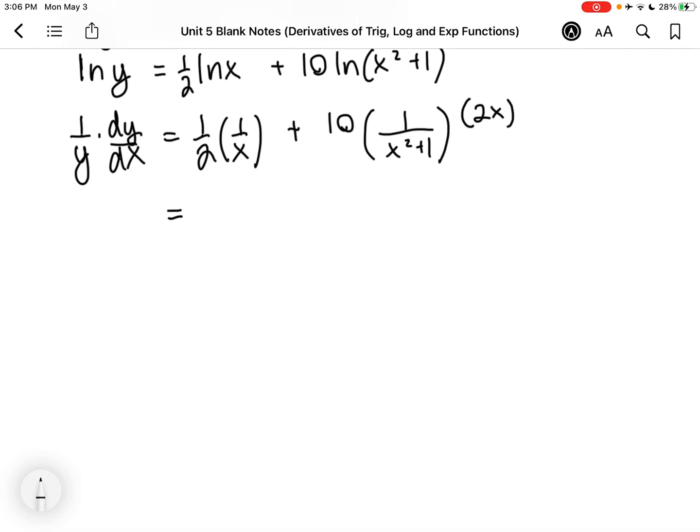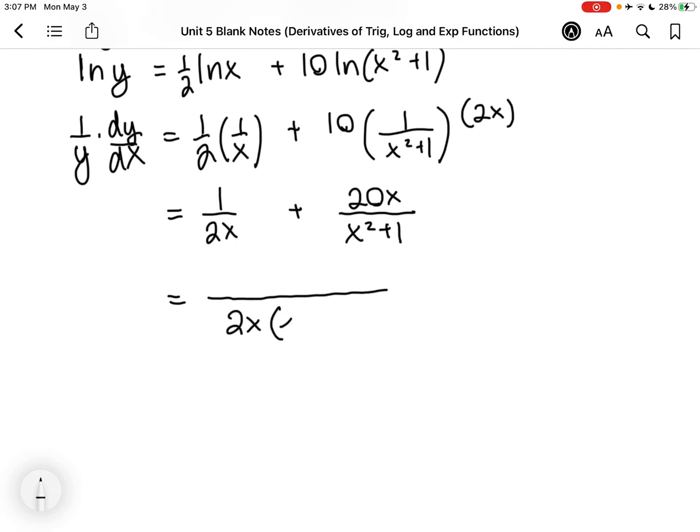So on the right, I have 1 over 2x plus 10 times 2x is 20x over x squared plus 1. I'm going to write this with a common denominator. So that common denominator would be 2x times x squared plus 1.